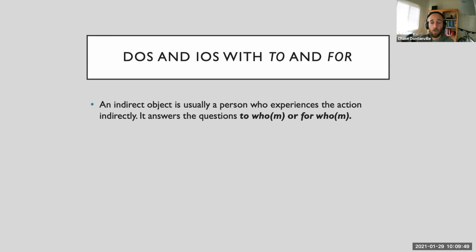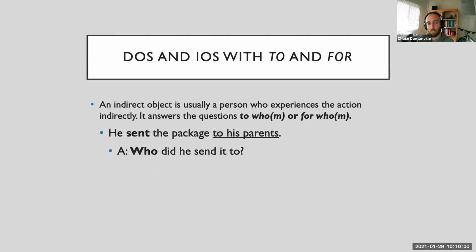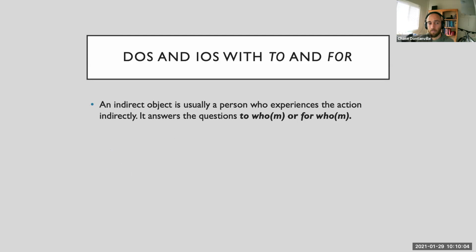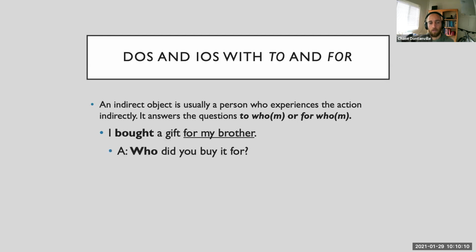It tells us to whom or for whom. So he sent the package to his parents. To his parents is the indirect object. Who did he send it to? His parents. Another example, I bought a gift for my brother. Who did you buy it for? My brother.